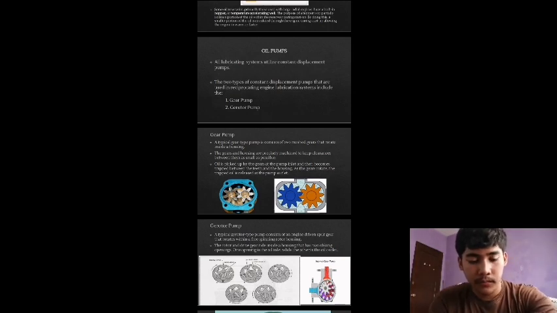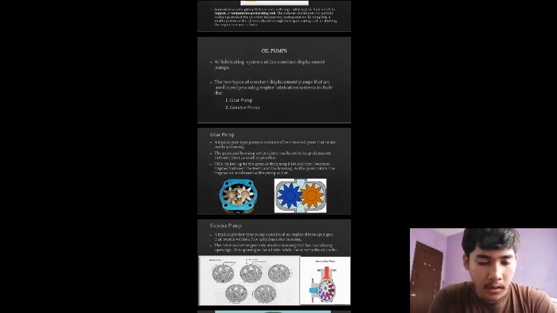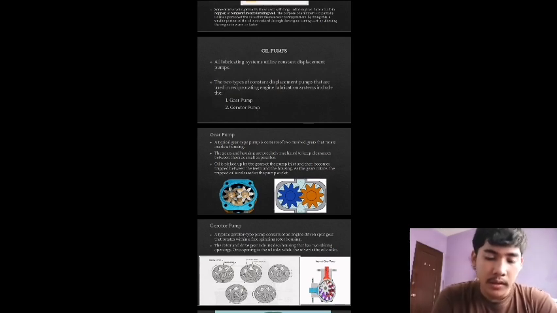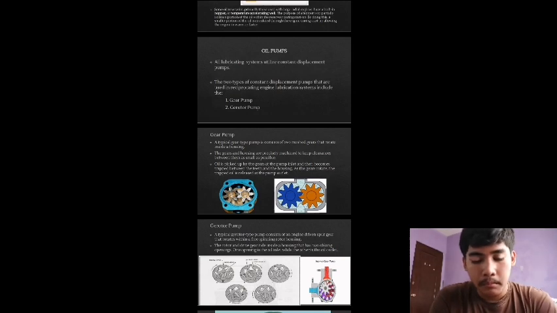Gear pump. Typically a gear type pump consists of two meshing gears that rotate inside a housing. The gear and housing are precisely machined to keep clearance between them as small as possible.